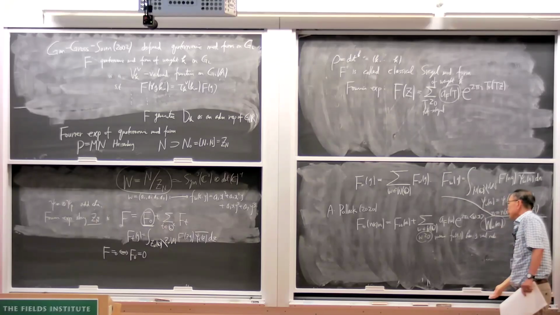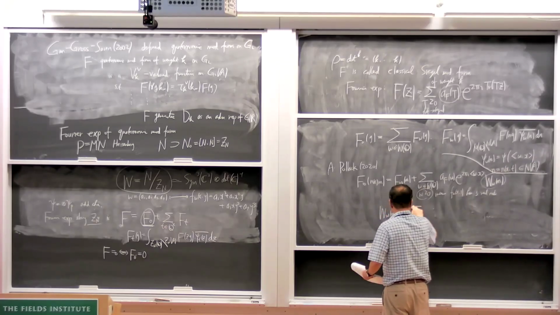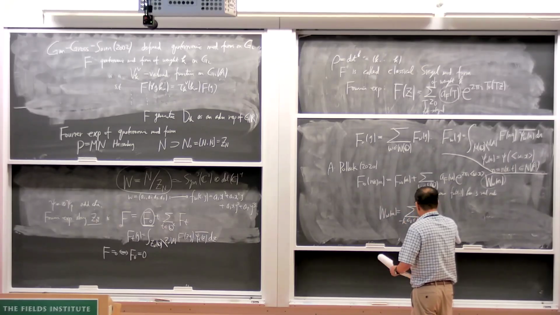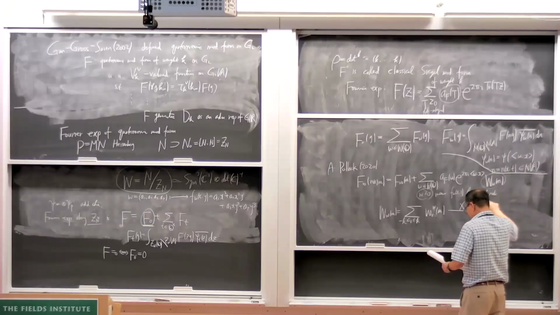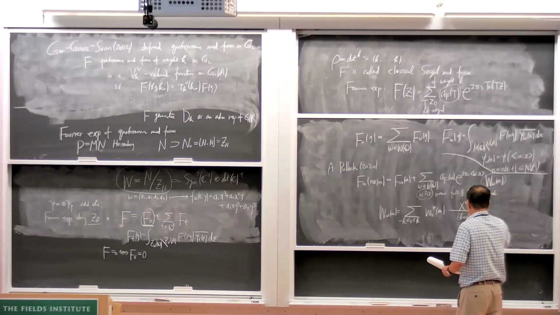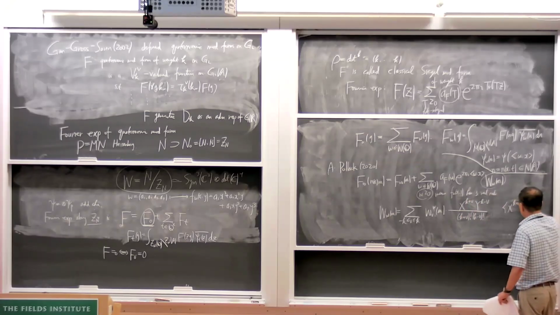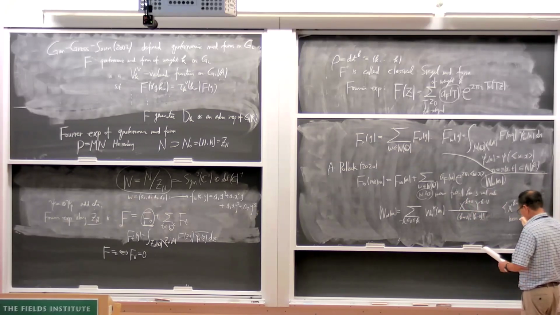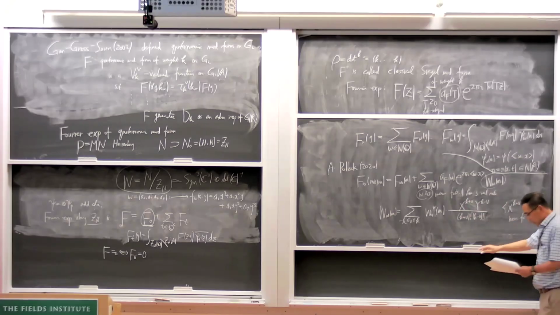a Whittaker function. So let me write down the Whittaker function. W_m is a sum over x^(k+v) y^(k-v). Here x^(k+v) y^(k-v) is a basis for V_k, so these form a 2k plus 1 dimensional vector space.